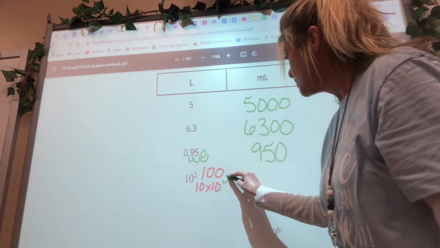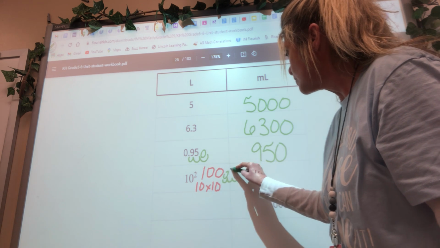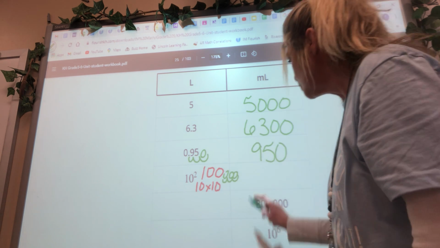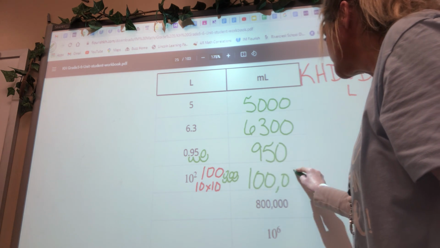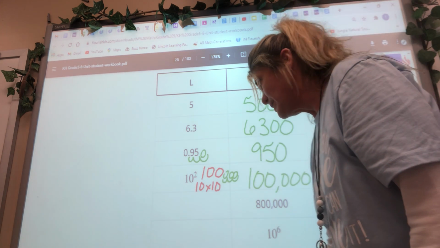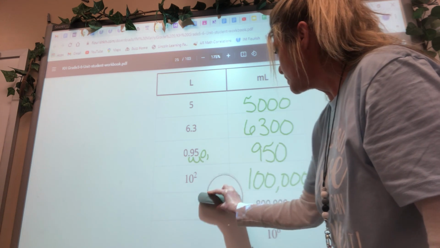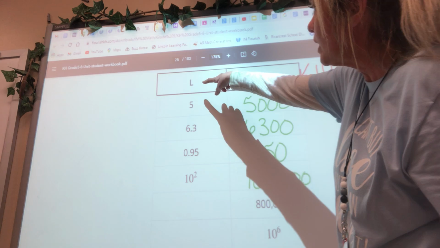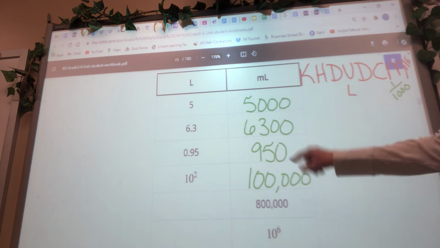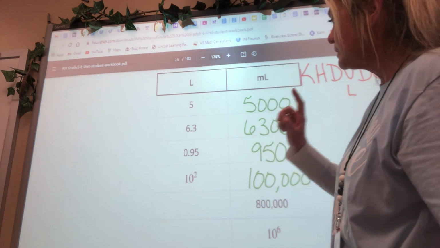So if I did 1, 2, 3, I would have 3 empty drop loops. So that would be 100,000. And that makes total sense. If this is 100 and it takes 1,000 milliliters to be 1 liter, it would take 100,000 milliliters to be 100.